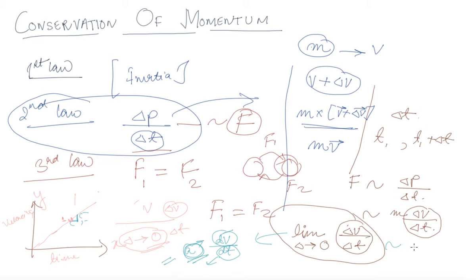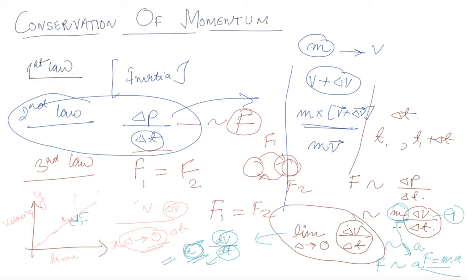So this is proportional to acceleration. Now, F is proportional to acceleration, and F is equal to ma from this particular equation. m is your proportionality constant. So in this way we can prove that the second law tells about force equals to mass into acceleration.